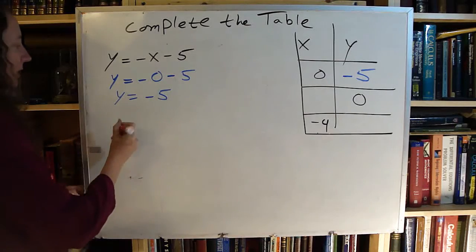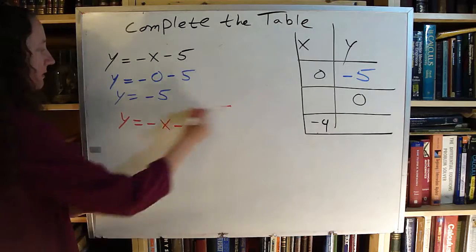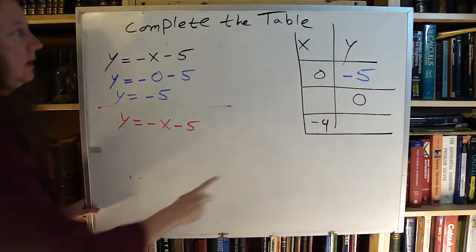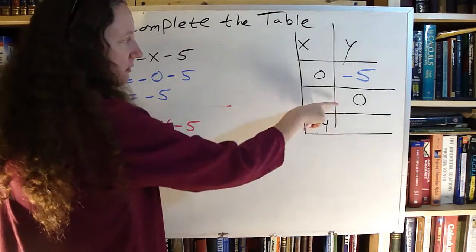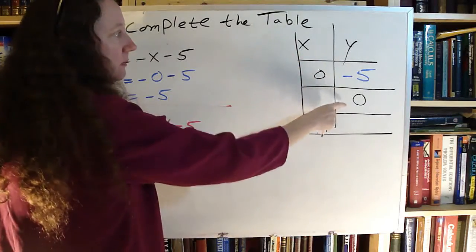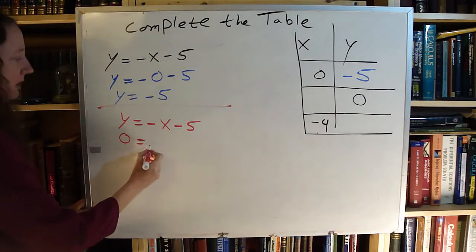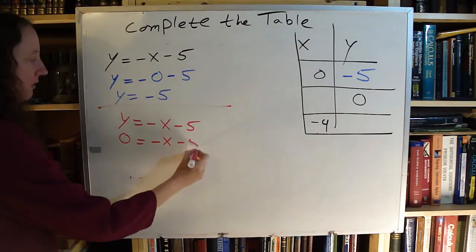Second one. Okay, so I still have my y is negative x minus 5. Second one down, 0 is in the y column. So now I'm replacing the y with 0, equals negative x minus 5.